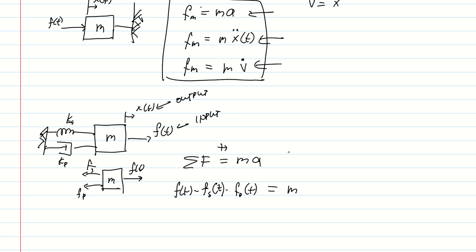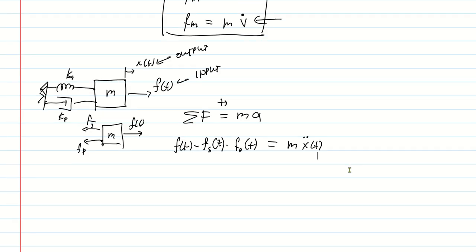But we don't want acceleration because we want our output to be the displacement. So we replace it with x double dot of t. Force is the input. Then the force due to the spring is just equal to k, the constant, multiplied by the displacement, x of t.